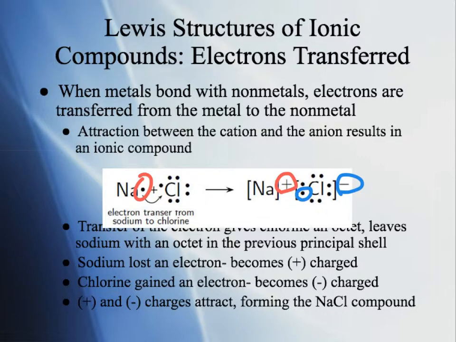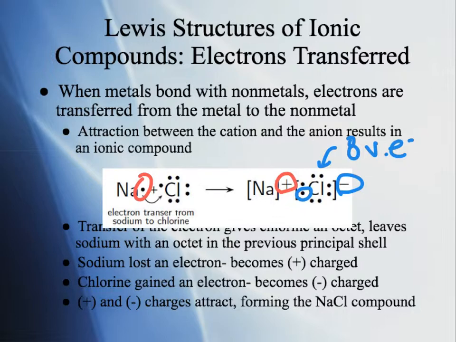And the nonmetal atom will always have 8 valence electrons around it, unless, of course, we are dealing with one of the small guys, helium or hydrogen or something like that.